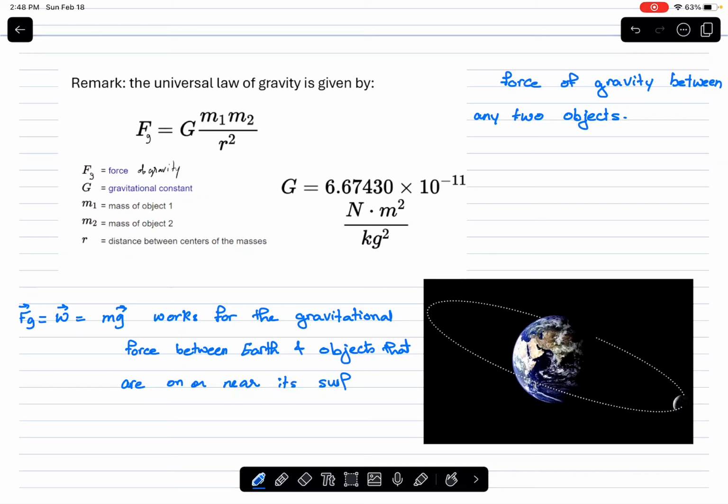But if we are studying objects that are not really close to the surface of Earth, then we will have to study the universal law of gravity.